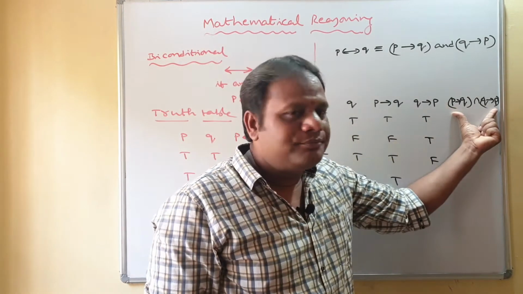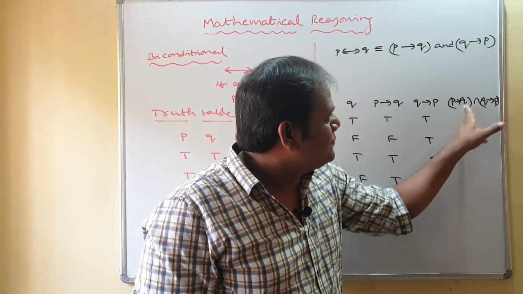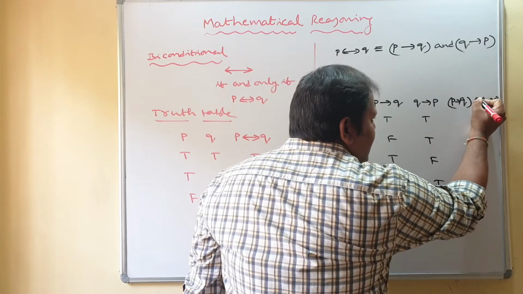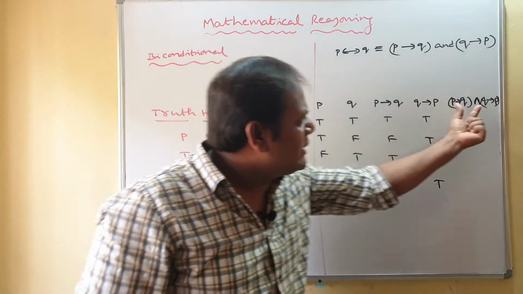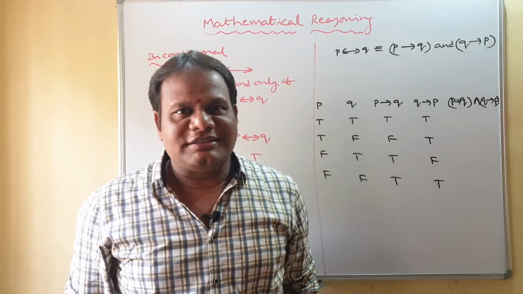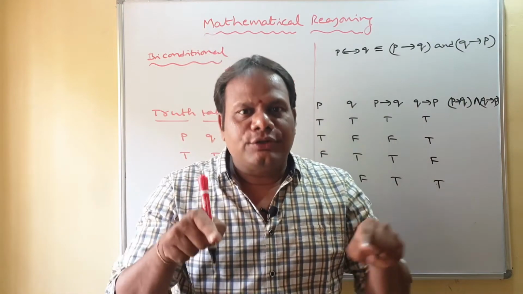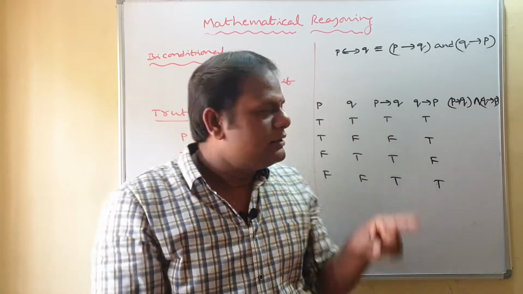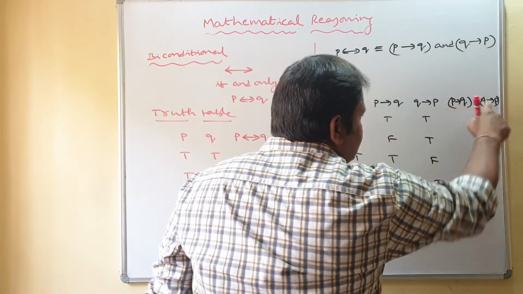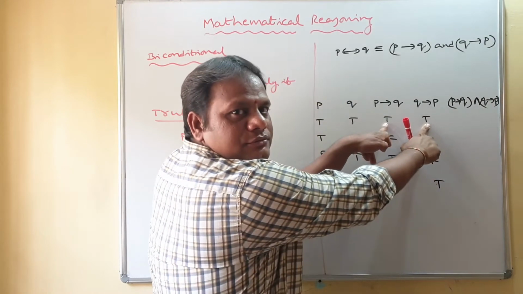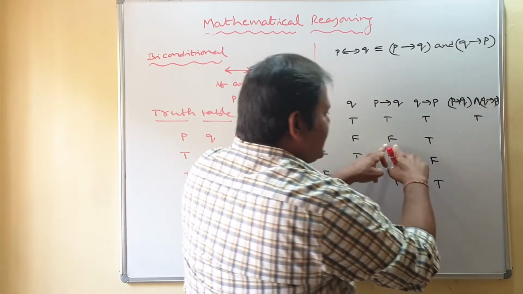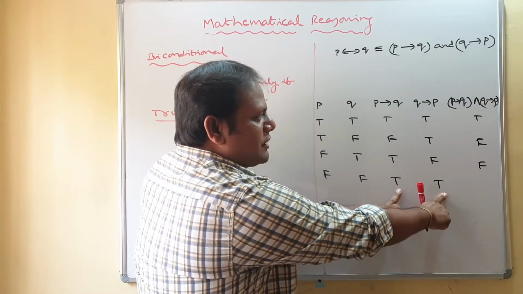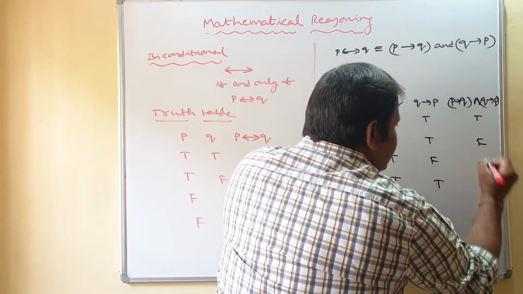Now you take the intersection of these two. See now, it is AND, that is conjunction. When both are true, then it is true. So here you see that this and this both are true, yes, it is true. One is false, so false. One is false, so false. Both are true, so it is true.